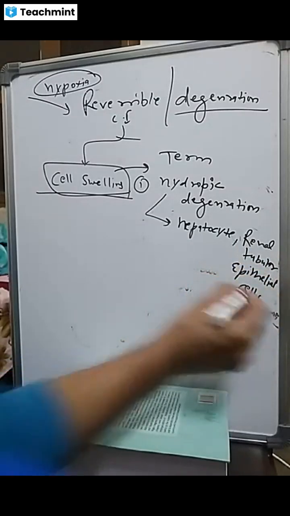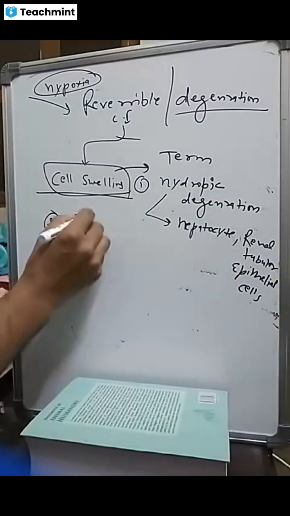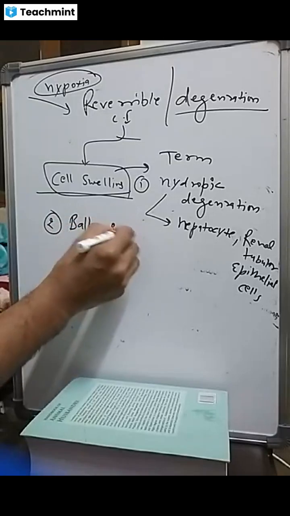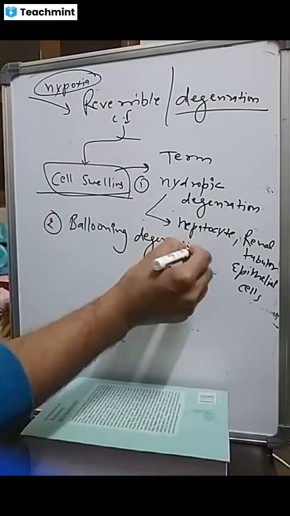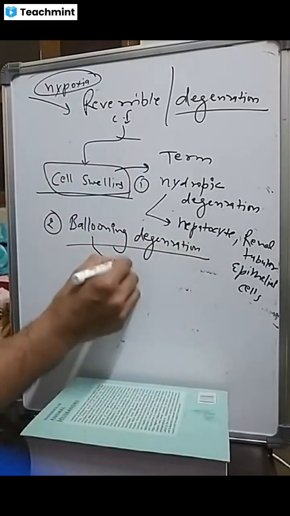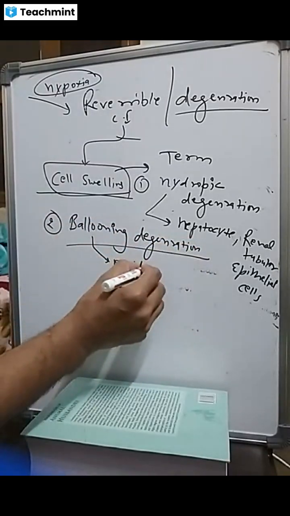Number two, there is one term, ballooning degeneration. This term is used for the epidermis.